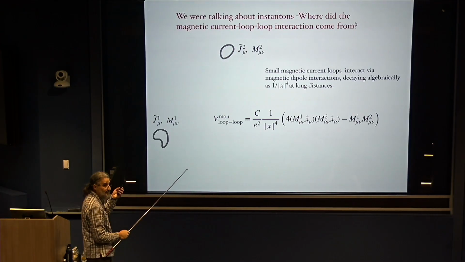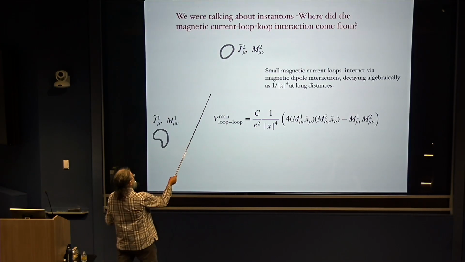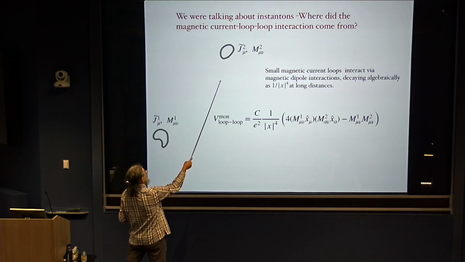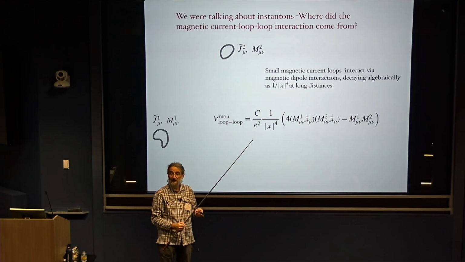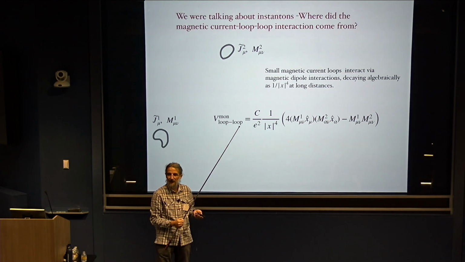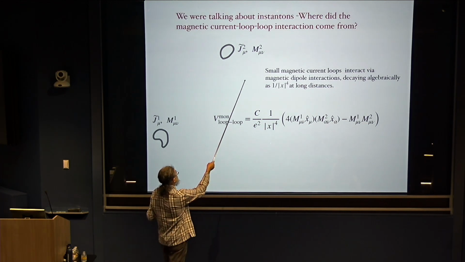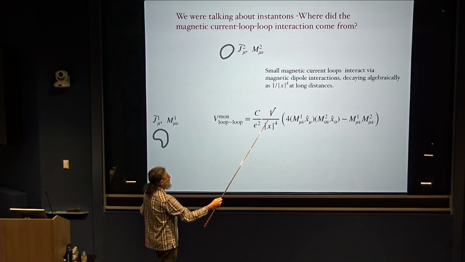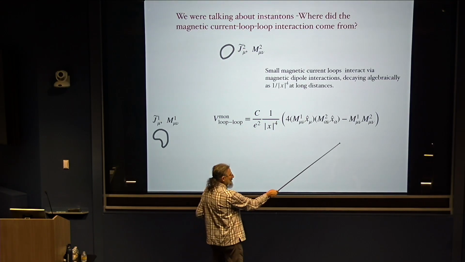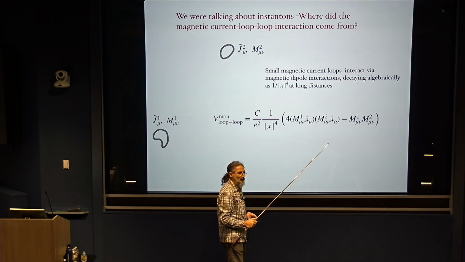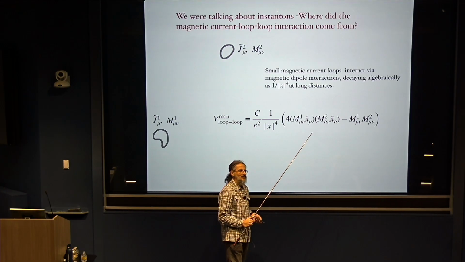So if you had, for example, 2 current loops in 4 dimensions, where the magnetic dipole moment is a second rank anti-symmetric tensor, you can write this thing. You can calculate the interaction between these loops, and they will decay exactly like this. But for us, instantons were not loops.